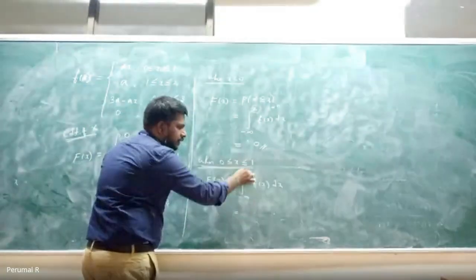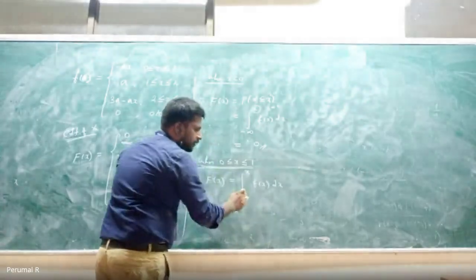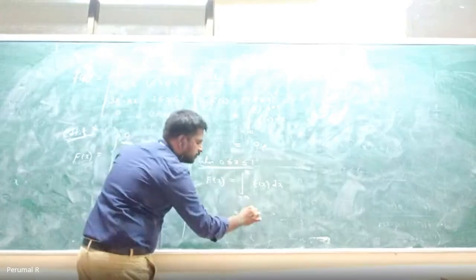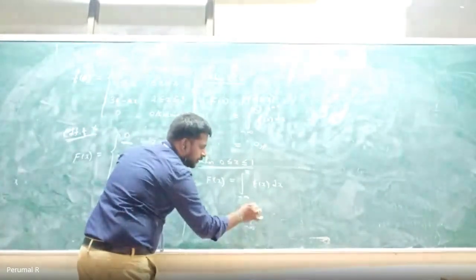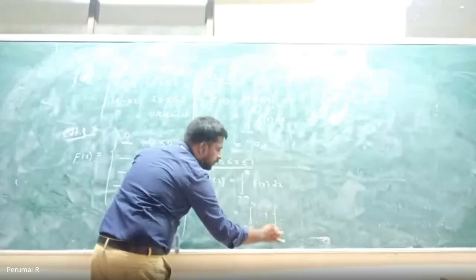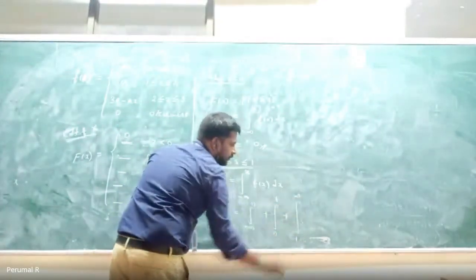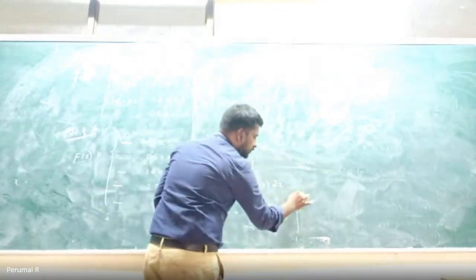Minus infinity to 0, 0 to 1, and 1 to x. This is the formula for computing the CDF. So the function is valid from minus infinity to infinity, and you can break it into minus infinity to 0, 0 to 1, and 1 to x.